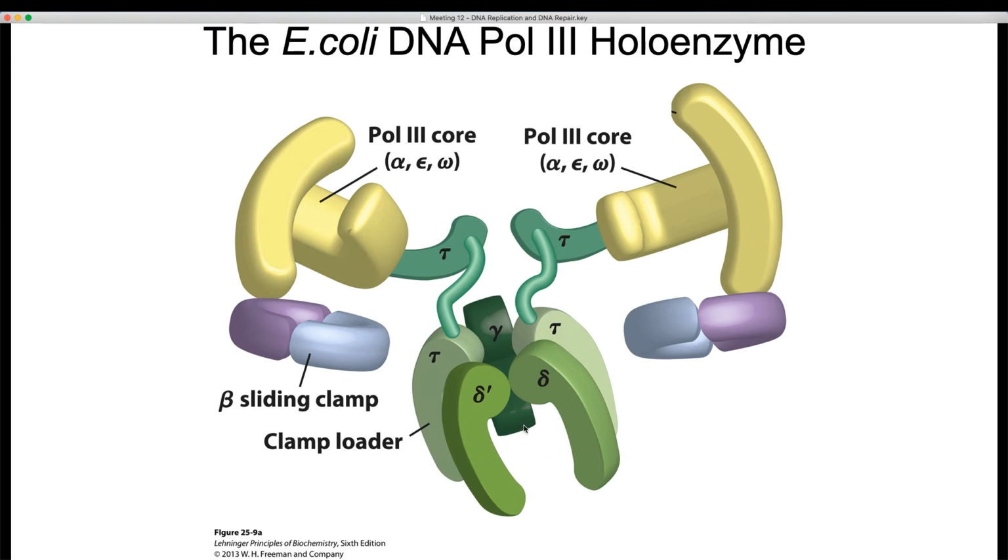And this clamp loader is what is going to be responsible for topologically linking these sliding clamps around the DNA. And those, of course, then are going to interact with the DNA polymerase and keep them processive. So we've got this large complex that you're going to see that exists at each of the DNA replication forks.